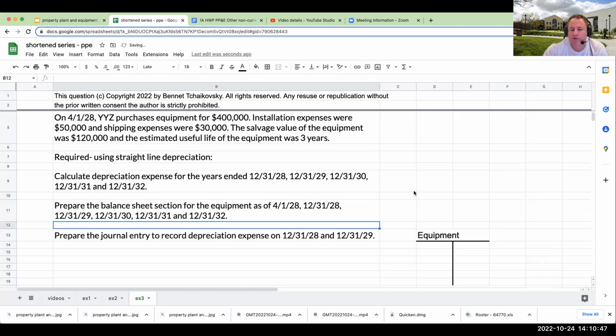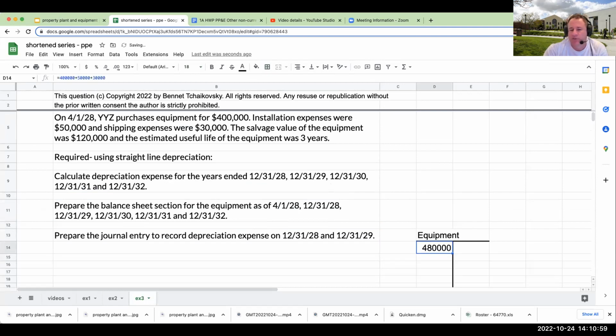My acquisition cost is going to be 400,000 plus installation, which is 50,000, plus 30,000 for shipping, for a total of 480,000. Remember, acquisition costs per the earlier video are all the costs we spend to get the asset ready for its use. This includes shipping the item to our facility and getting it up and running.